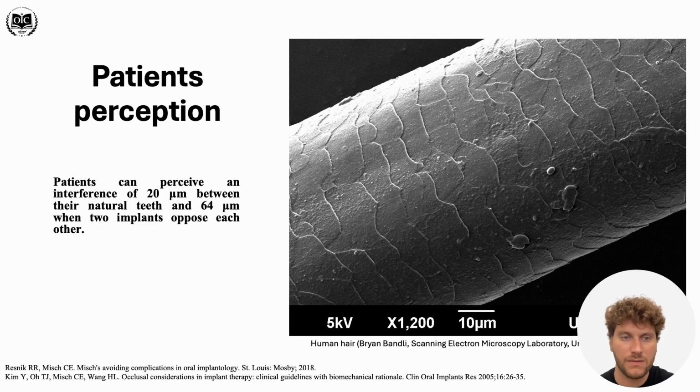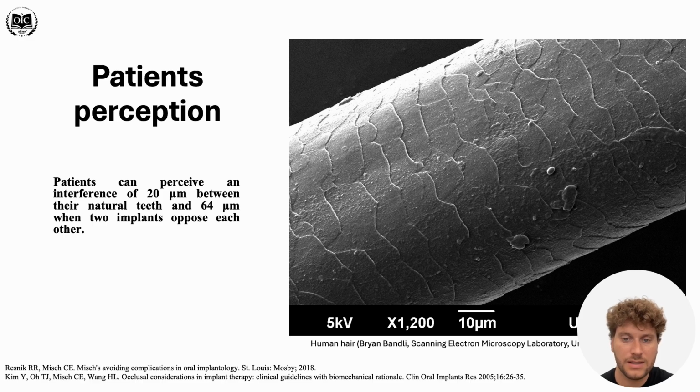Our patients can feel interferences of 20 to 64 microns, so less than half of a hair thickness the patient will feel, and with implants on both sides the number is even larger. So we need to be careful with our occlusion, because it's really the main factor in the longevity of our restorations.